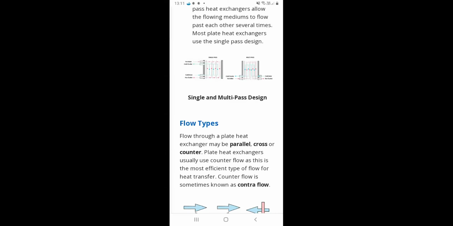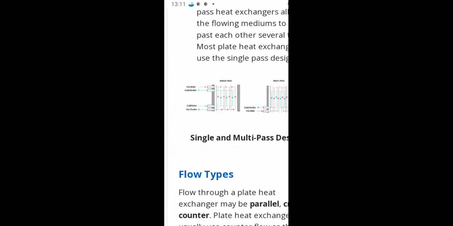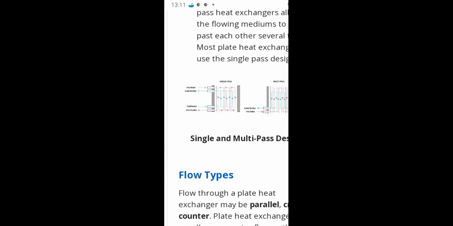What are the advantages and disadvantages of this plate type heat exchanger? This is your flow type. As per your flow type, this is your single pass: hot inlet, cold inlet, hot outlet.